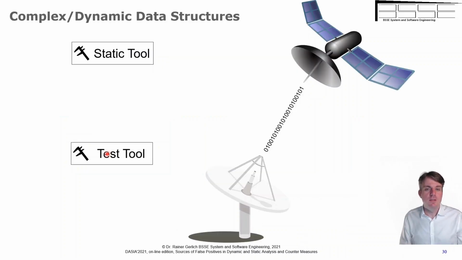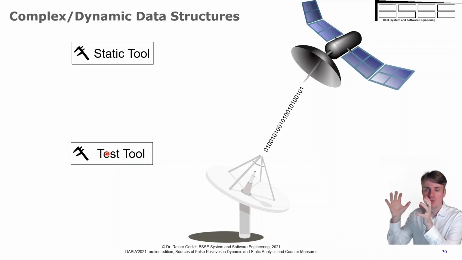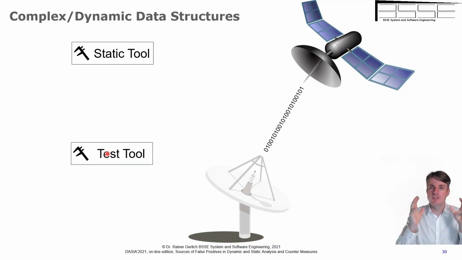What is difficult to represent with static tools is dependencies in complex or dynamic data structures. One example for such a data structure could be a telecommand, where you have a header containing the command information and a payload containing data for the command. And of course, the structure of the payload depends on what command is specified in the header.